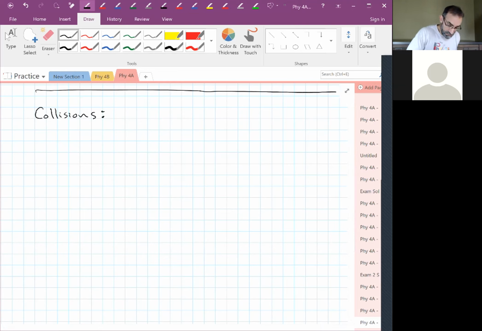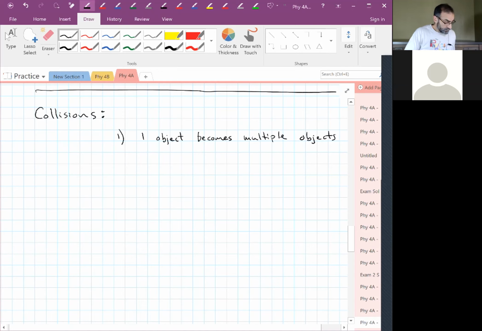The first one is when something blows up, when one object becomes multiple objects. So the object blows up.